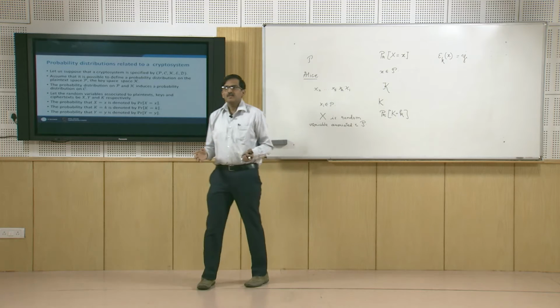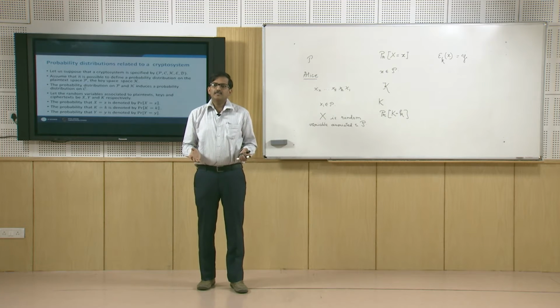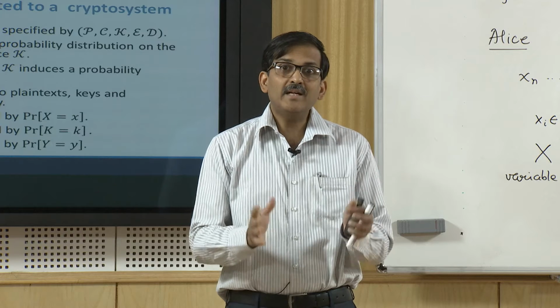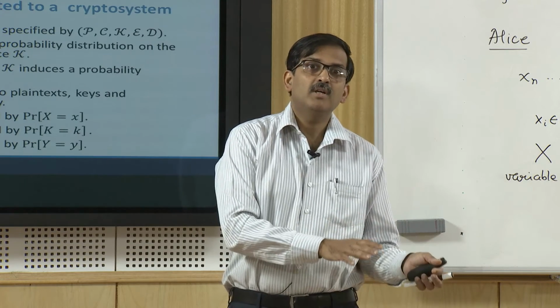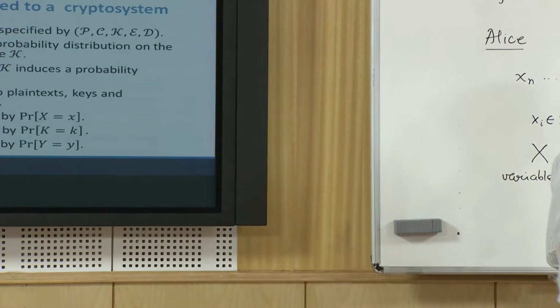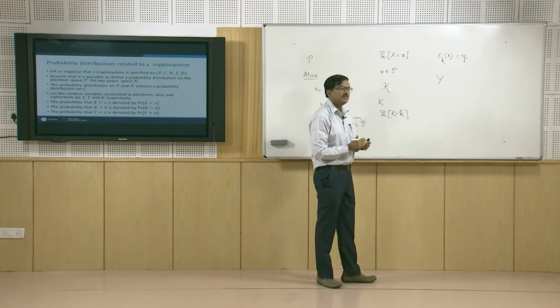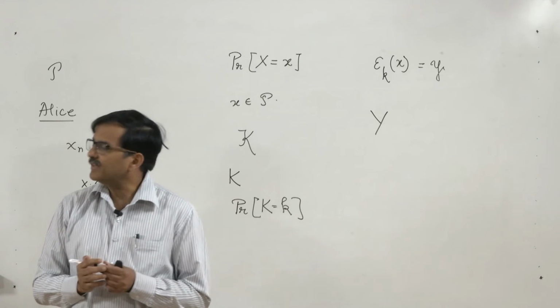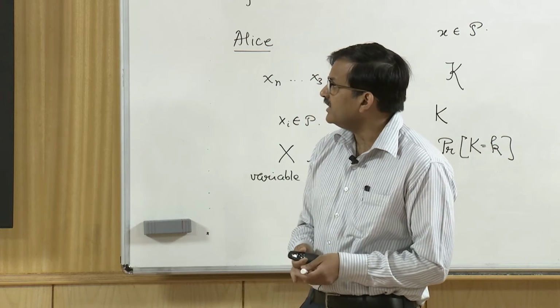In a way y is also an instance of a random variable, but that random variable's distribution is dependent on the distribution of X and K. So, I will write Y as a random variable associated to the ciphertext y in C.